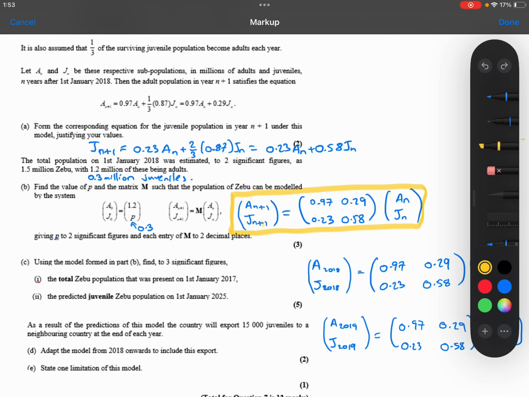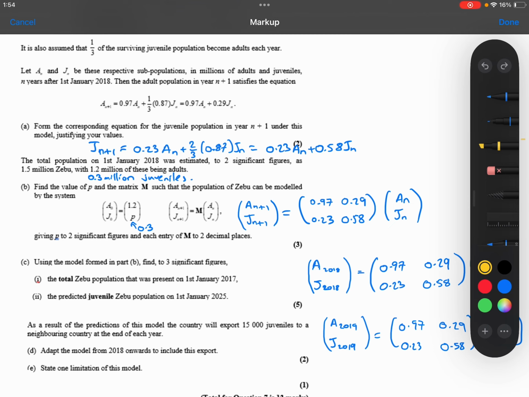And then we've got the juveniles the next year is equal to 0.23 times the adults from the previous year plus 0.58 times the juveniles from the previous year. That's this equation here. Just set up much nicer. So that's my answer to part B. This is my matrix M. This is the value of P.